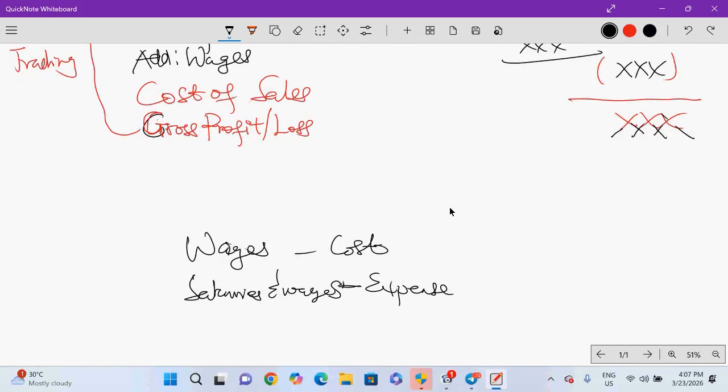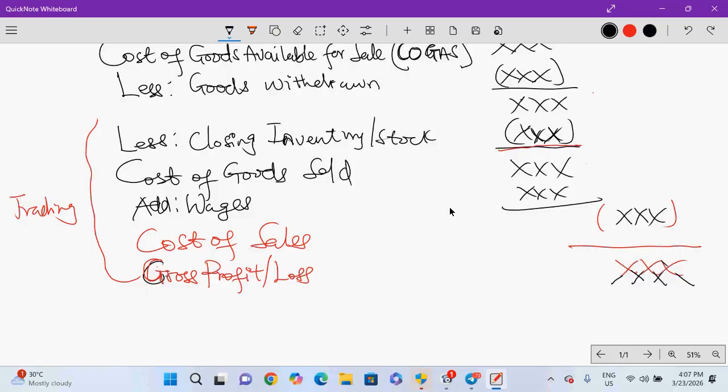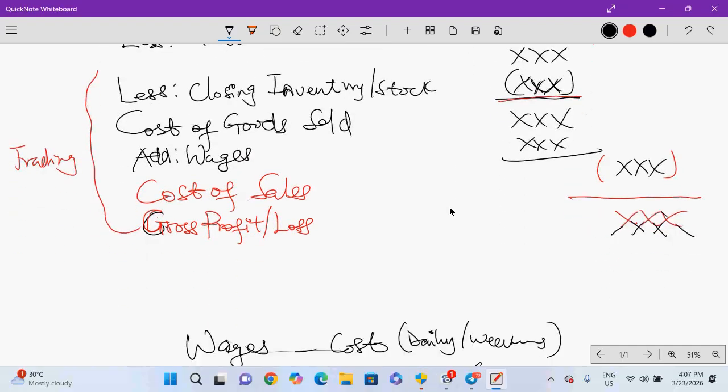Usually the wages is on a daily or sometimes weekly basis, whereas the expense is on a monthly basis. So the salary is to be treated as an expense, and this wages is to be treated as a cost. Are we clear? Yes, sir.